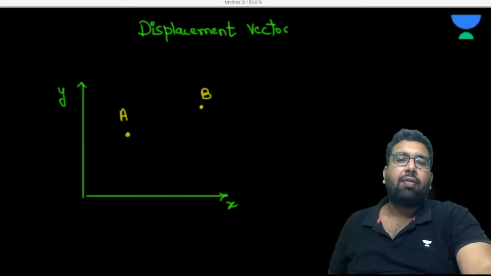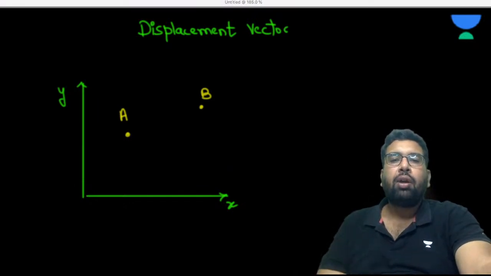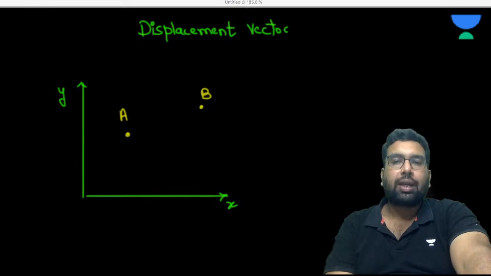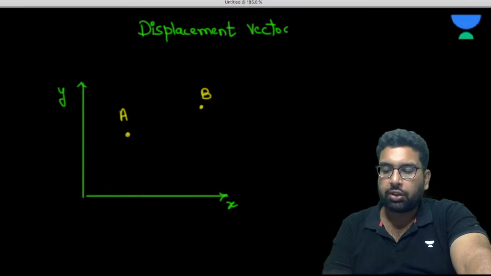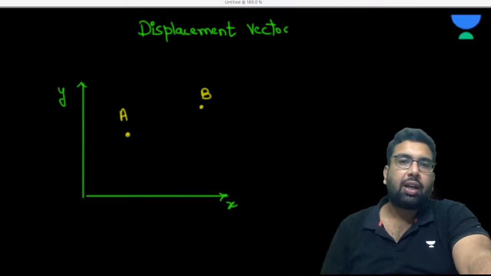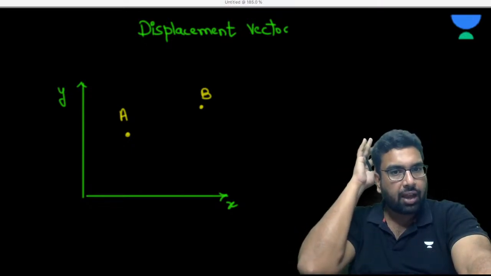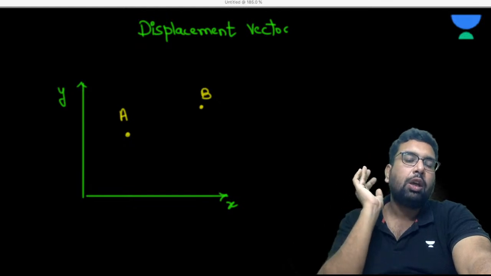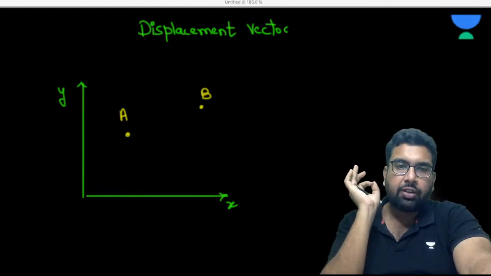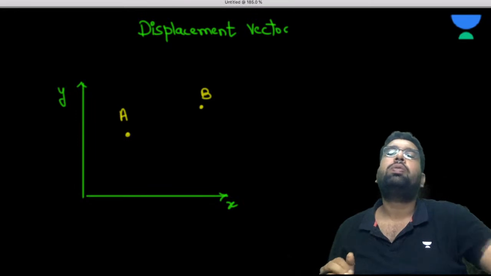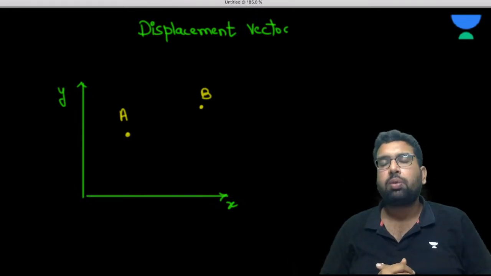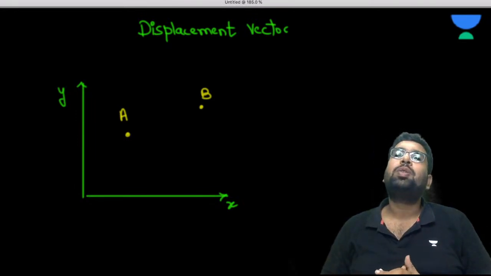If we have two positions, from the initial position to the final position, if you want to know the displacement, it is going to be the shortest distance from initial to final point.